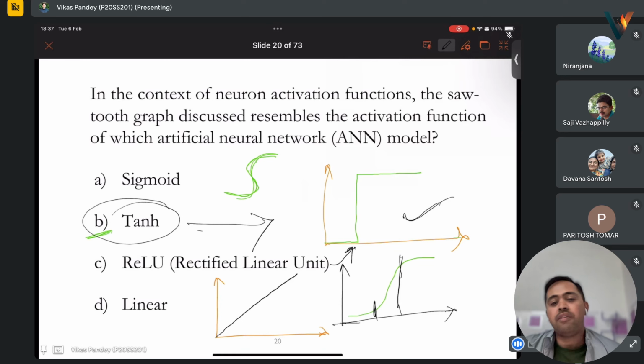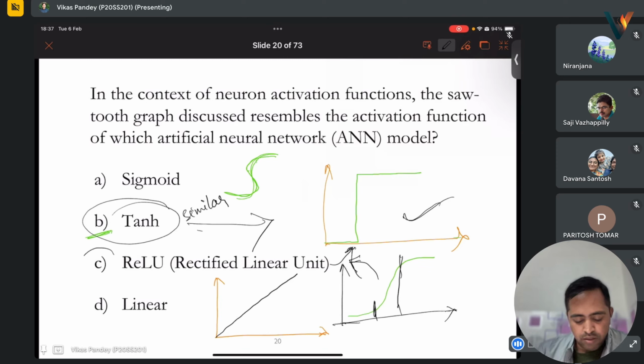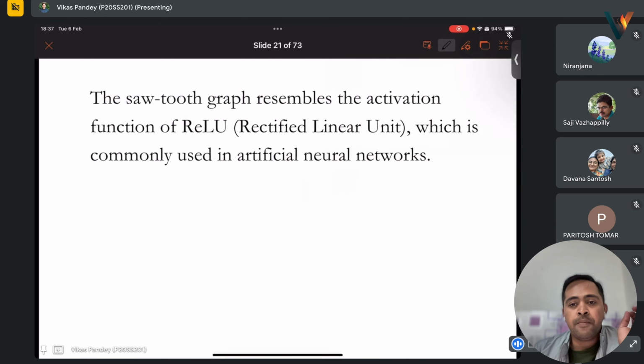In terms of ANN, tan H with some parameter changes will result in ReLU, a modified form of tan H. So this one is similar, but ReLU is the most correct, and it is commonly used in ANNs.